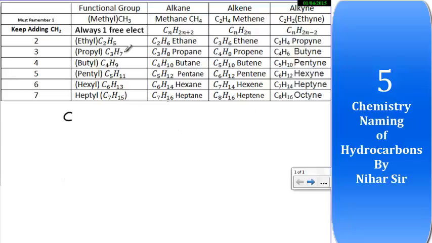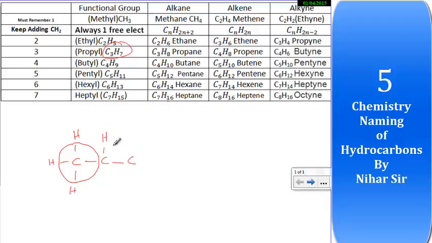Let me explain this one also, C3H7. If I draw the diagram for C3H7, how will it work? It's C3, so I drew 3 carbons. I am talking about this propyl. Now hydrogens are 7, so here hydrogen, here hydrogen, here hydrogen. This carbon is satisfied because it got 4 electrons as sharing and its outermost orbit is satisfied with 8 electrons.